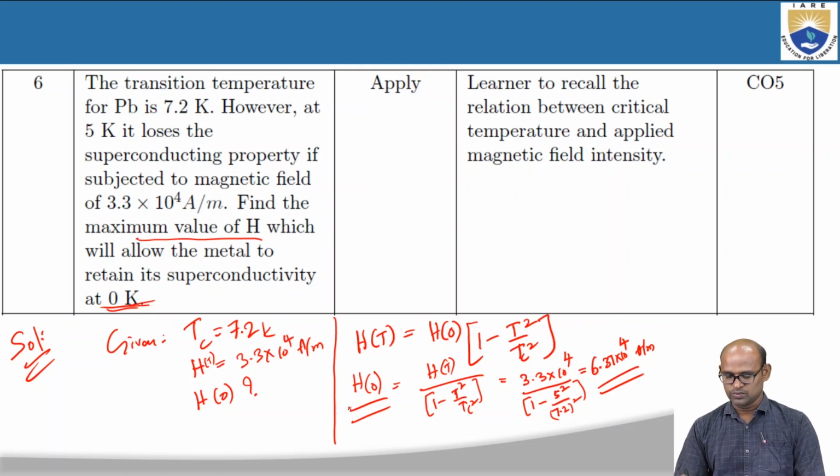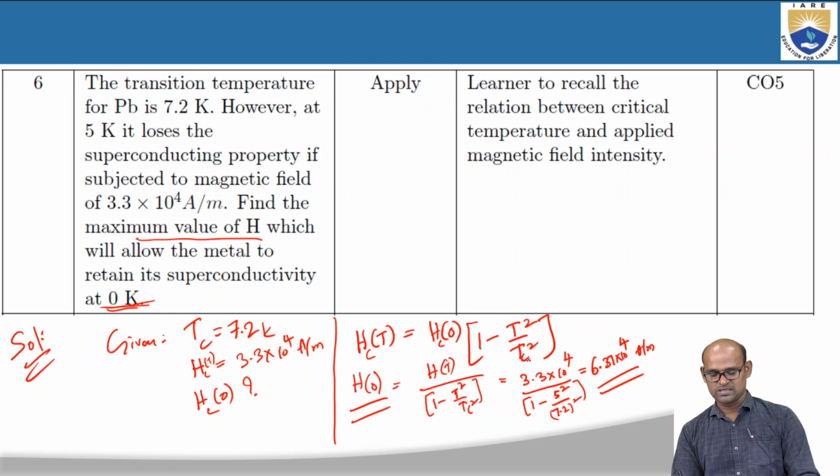So we have basically used this equation: Hc of T is equal to Hc of 0 into 1 minus T square by Tc square. This is the formula. Using this formula, we want Hc of 0, so Hc of 0 will be Hc of T divided by 1 minus T square by Tc square.